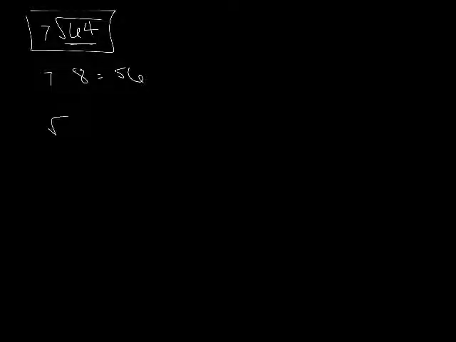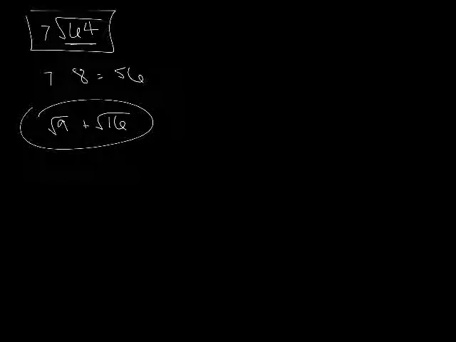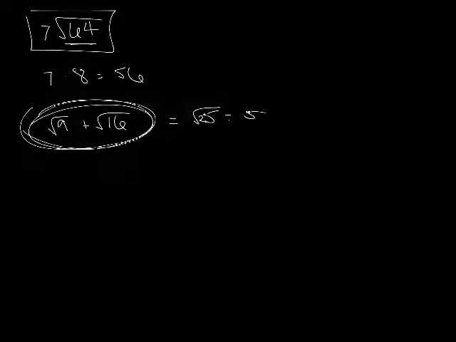If we have the square root of 9 plus the square root of 16, one of the things that's really, really important is you can't put those together. You can't say 9 plus 16 is 25 and then say the square root of 25 is 5. You can't combine these at all.